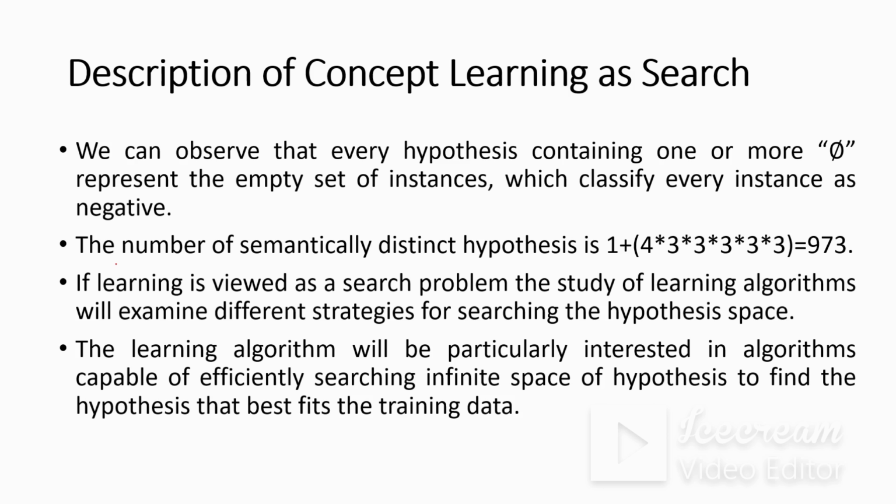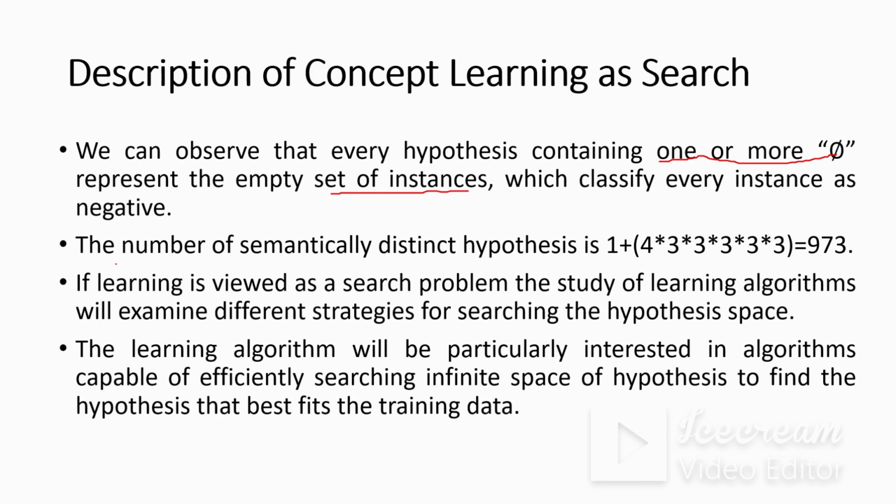Now, among the 5120 hypotheses, a few contain one or more phi values. All these hypotheses represent the empty set of instances, and they classify all instances as negative.